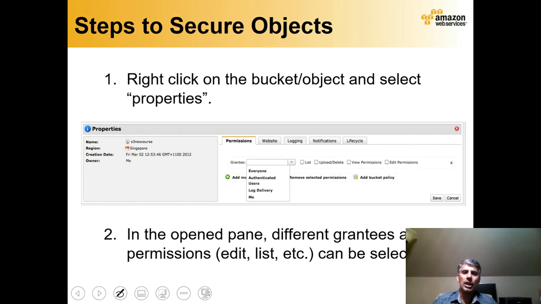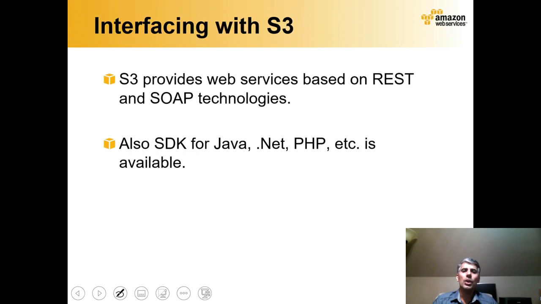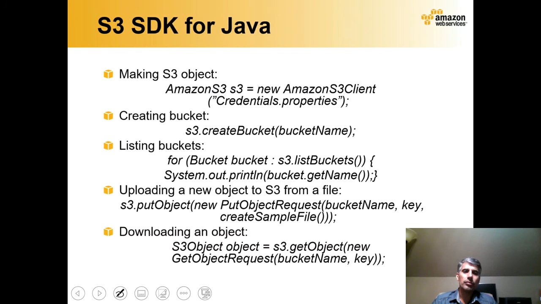Okay, these are the steps on how to secure your S3, and this part talks about the web service part, that you can access Amazon Web Services using RESTful APIs. So these are the steps for how to do that.